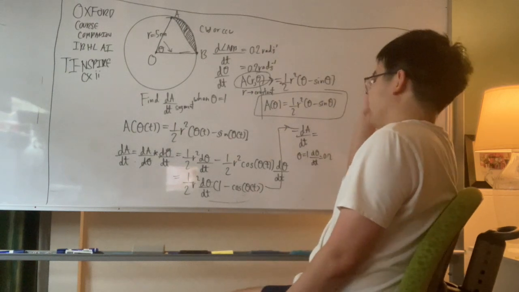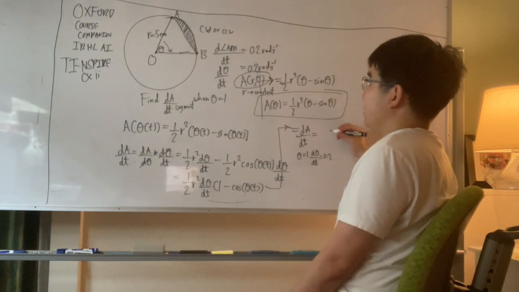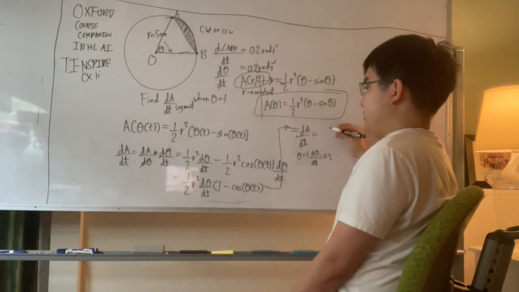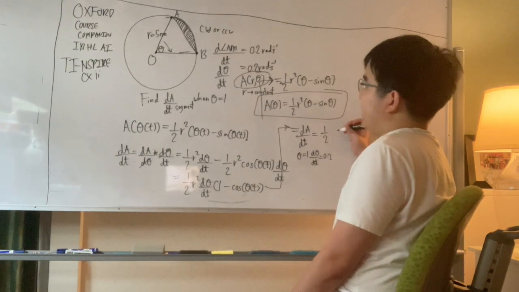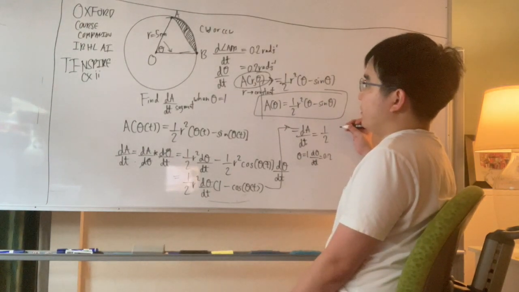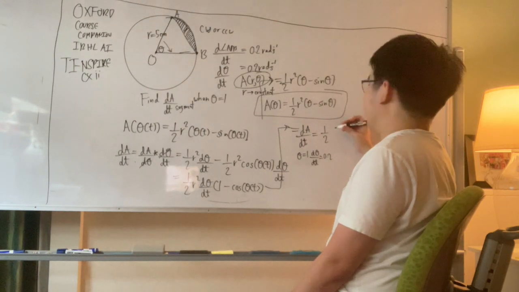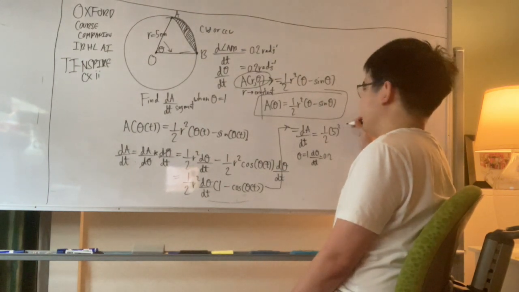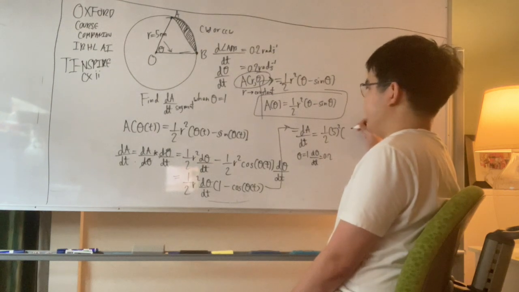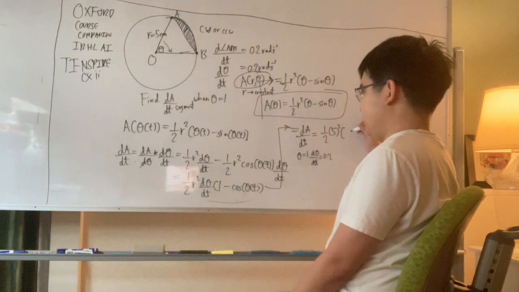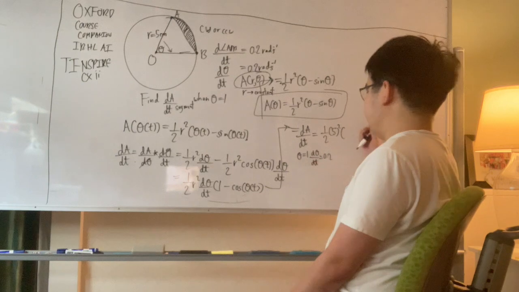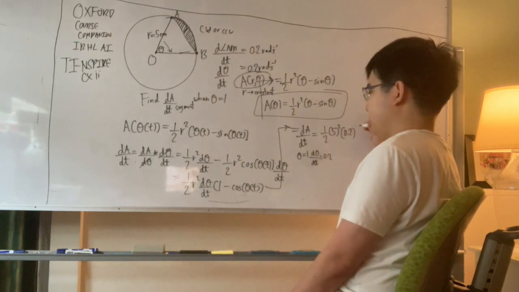So then I have to go to here, and then 1/2 r squared. Where is the r? What's my r? Oh, it's 5. 5 squared times the d theta/dt, 0.2.